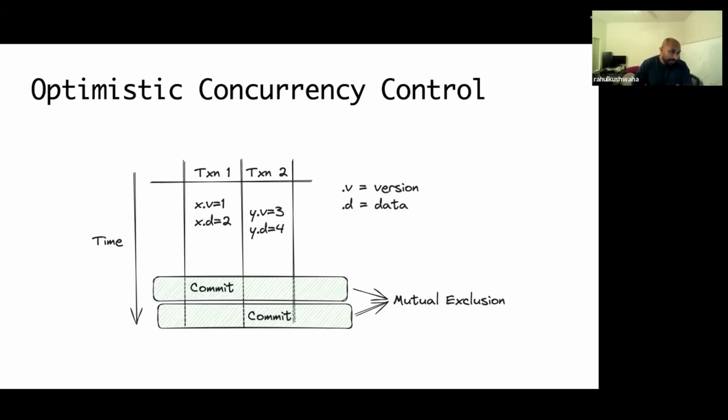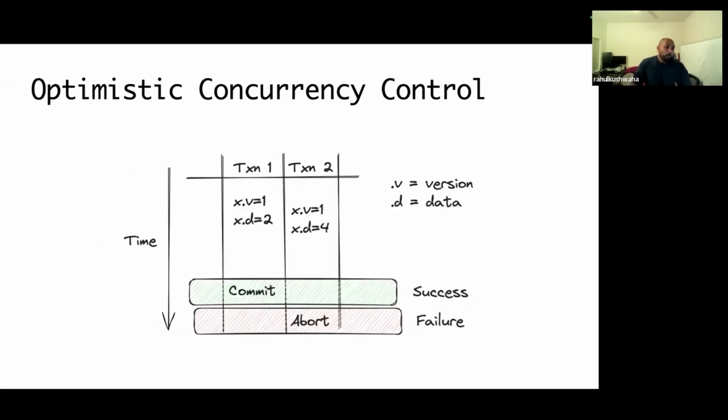Transaction 1 is accessing X and transaction 2 is reading Y or making mutations as well. The commit block is shown as a horizontal block which goes through each transaction because it's a global mutual exclusion. So in this scenario, both transactions are able to commit because they are both acting on a different data set.